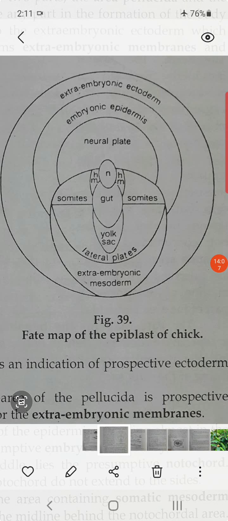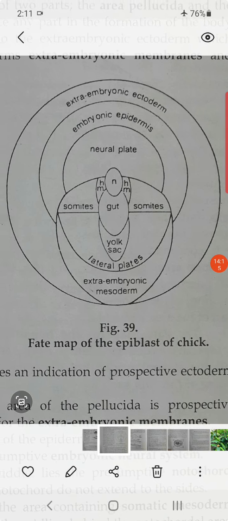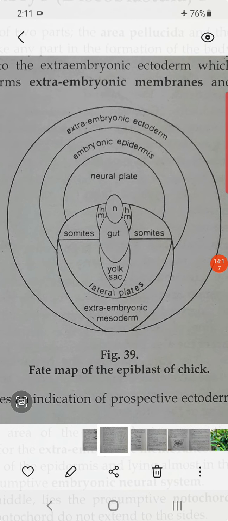Then the crescentic area occupying the rear, lying most in the middle of the area pellucida, is the presumptive embryonic nervous system. See the central part, neural plate. You can see from above the blastodisc, the blastocoel, and which area is going to develop into which part in the future is shown here.